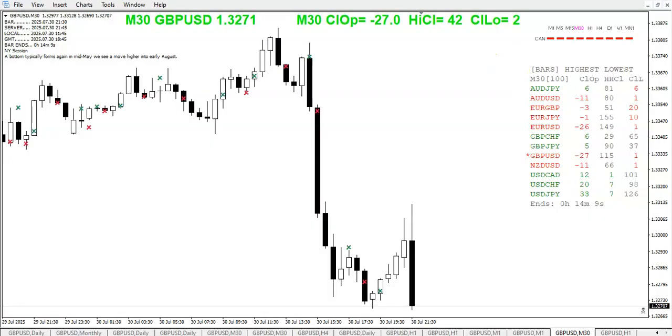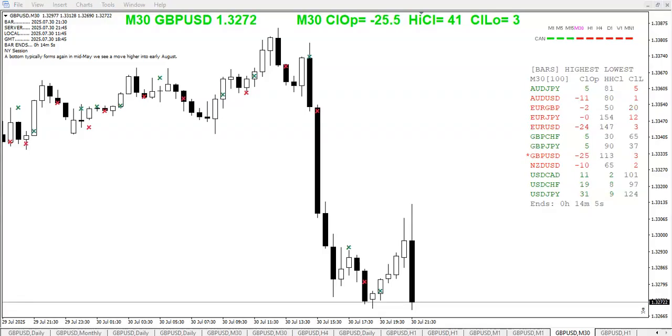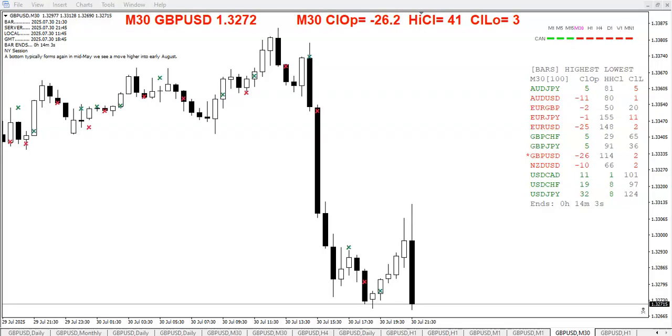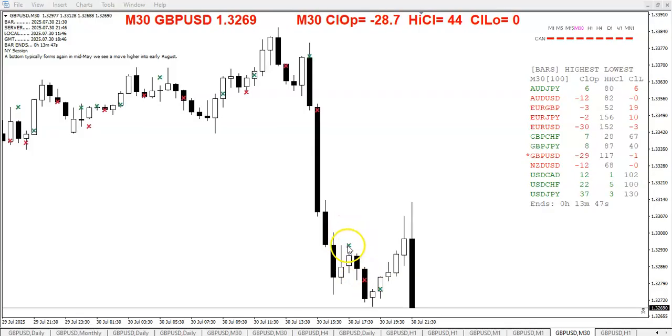Now, the second question was a request for help, and they were using an indicator I wrote back in, I think, 2014, the TRO rat reversal dots, and it places these X's here. On a green X, you'd want to go long, and on a red X, you'd want to go short. You can see that last green X would have paid off pretty nicely.